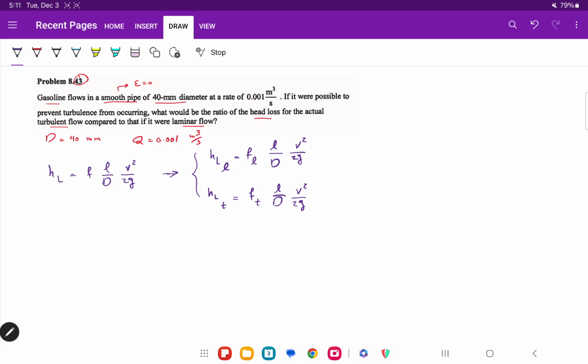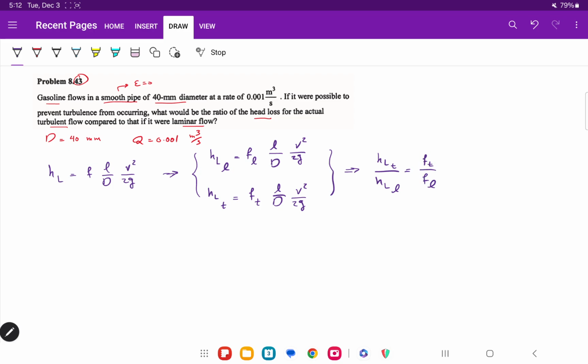So basically length, diameter, velocity, gravity, these are the same. So h_LT over h_L, because it's not an actual situation, we know the flow is turbulent, but we have to assume it's laminar, so velocity doesn't change in these two situations, equals f_T over f_L.